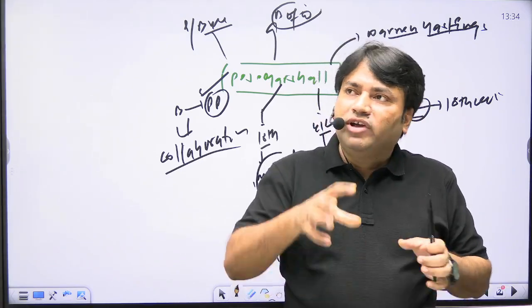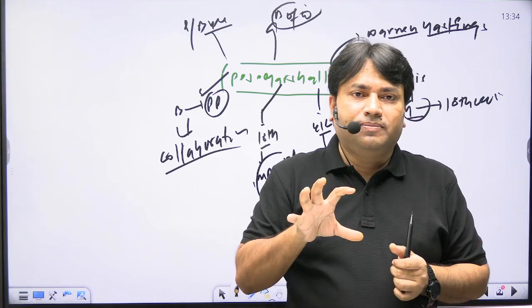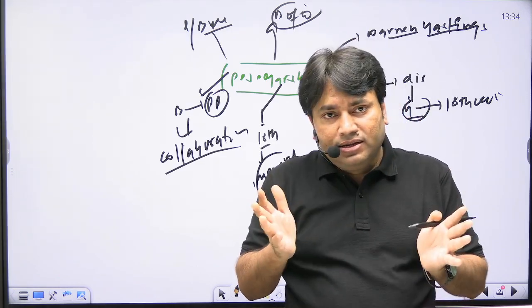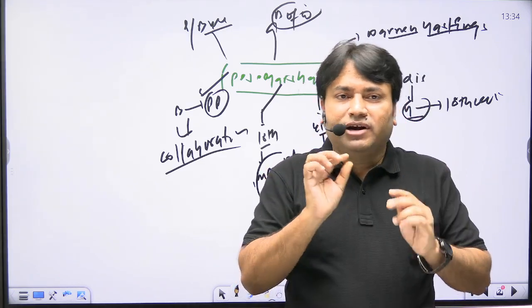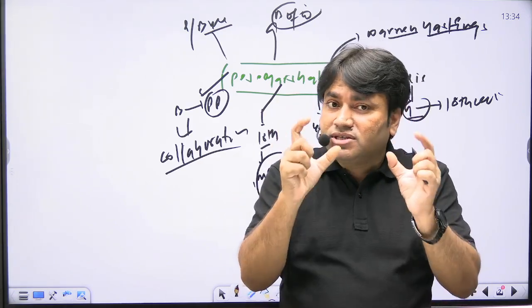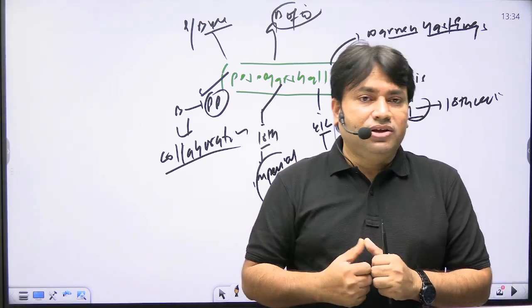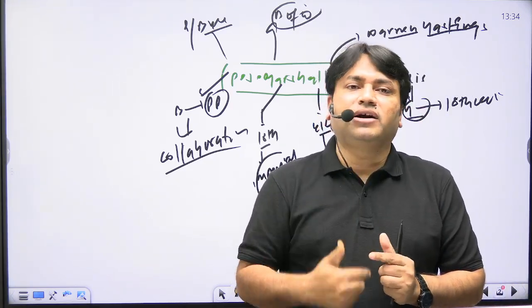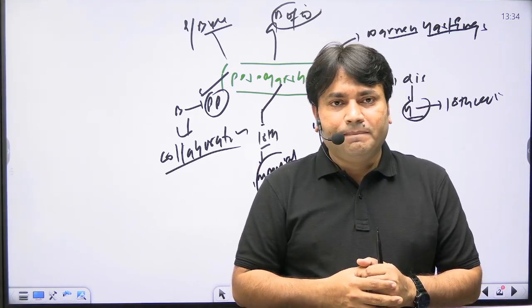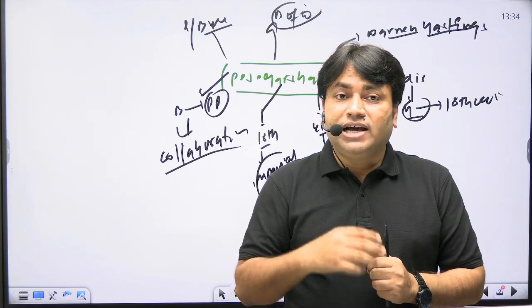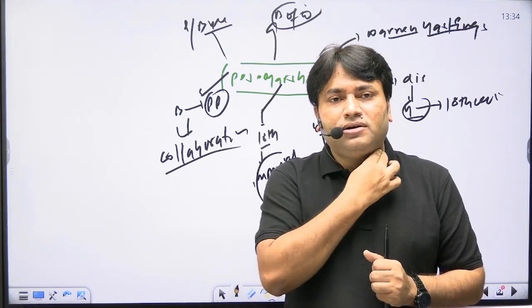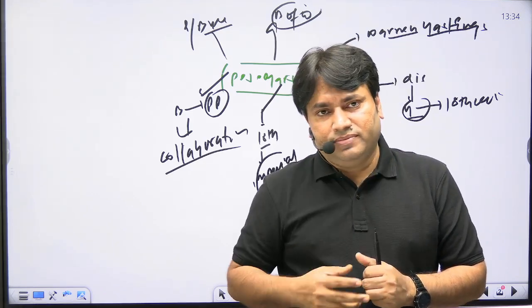When you discuss these opinions in detail, you don't need to write the name of the historian, but you need to discuss the ideas. In that situation, you will be able to write a critical answer, and that will give your answer value addition.